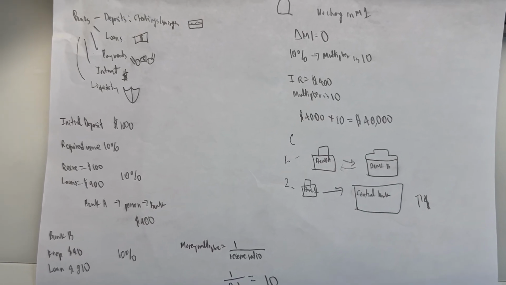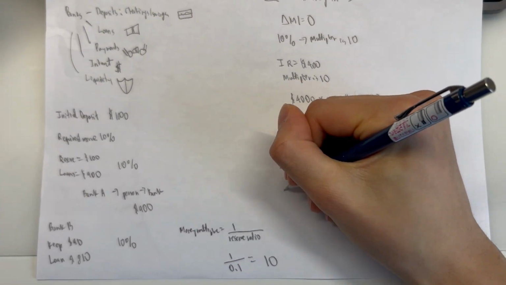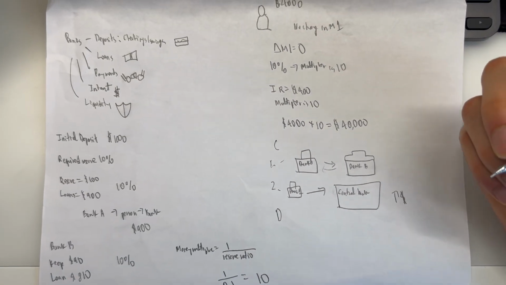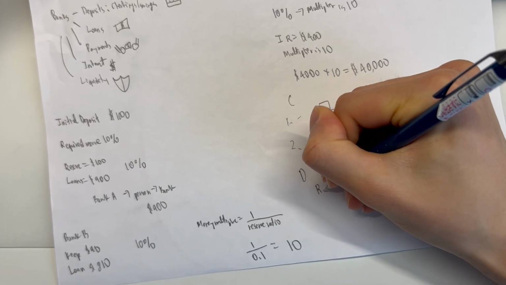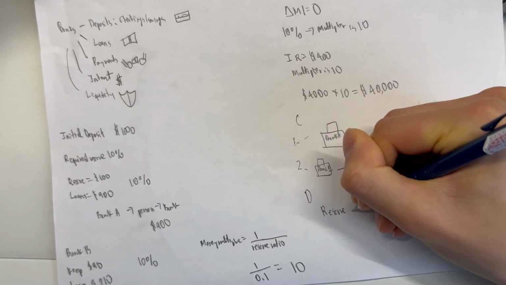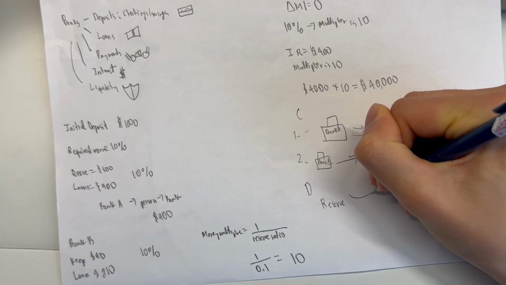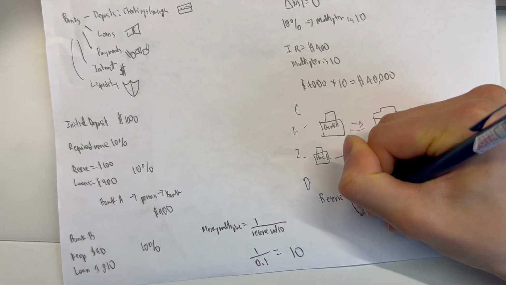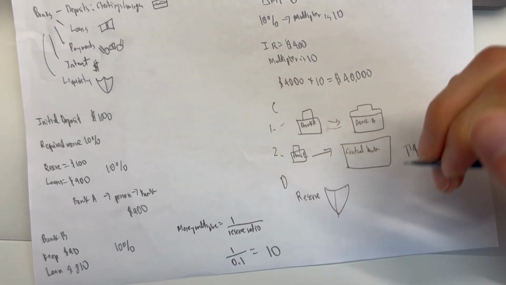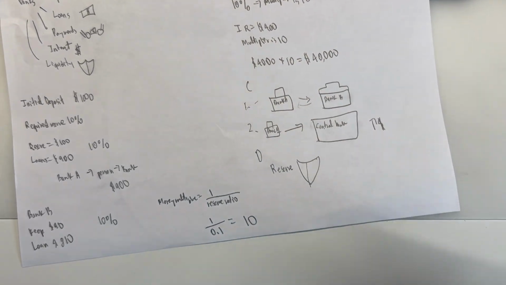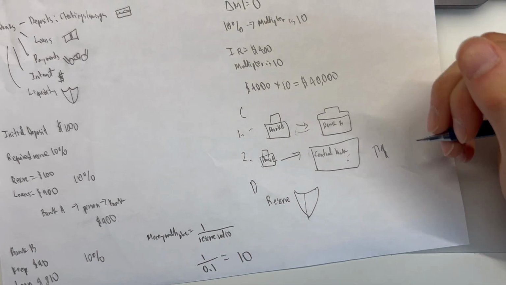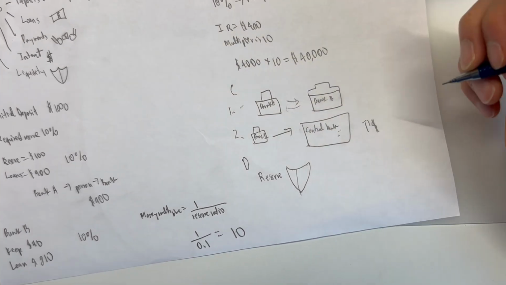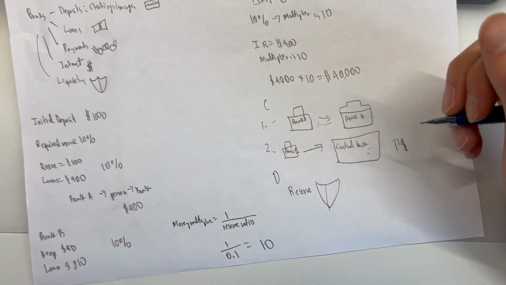And pretty much, okay, part D, why the reserve ratio requirements exist. The reason that they exist is it is pretty much a safety shield. The central bank requires reserves to ensure that banks can meet withdrawal demands and avoid bank runs.